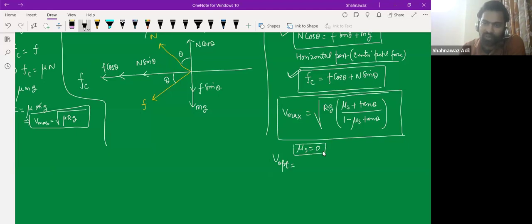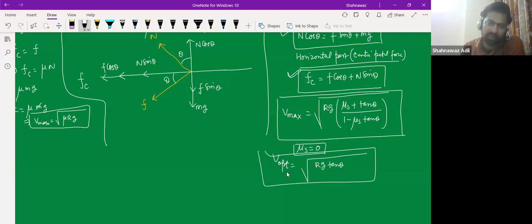So you don't have the friction in the tire, but you see that even then we can have this centripetal acceleration, and that would be provided by this N sin theta. And you will see that this is simply root of rg tan theta. So this is called the optimum speed.